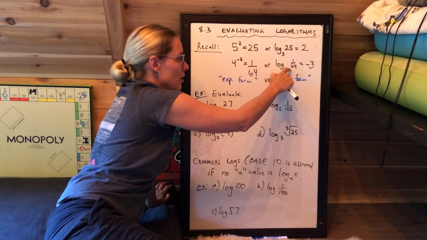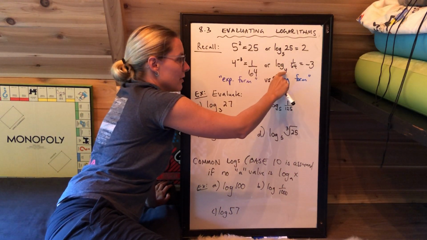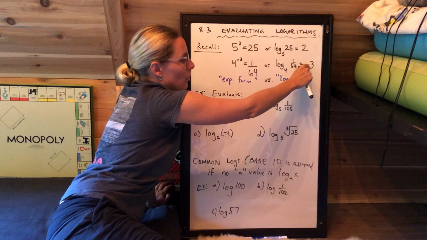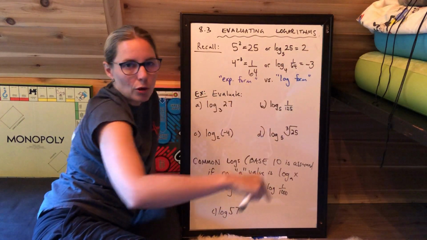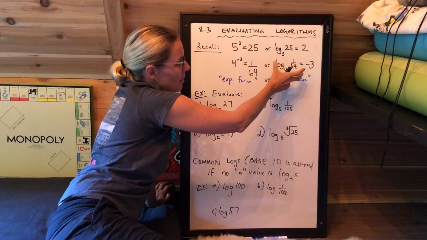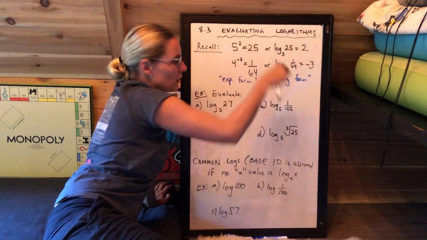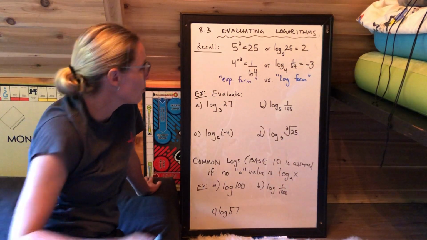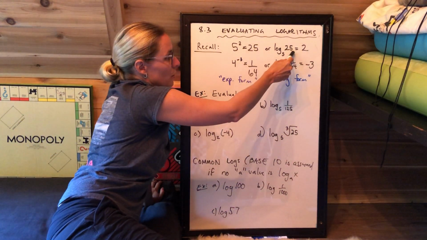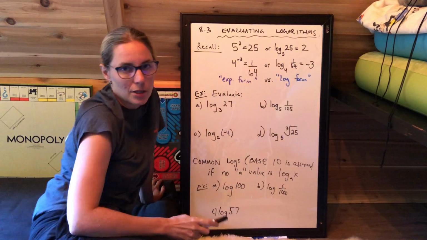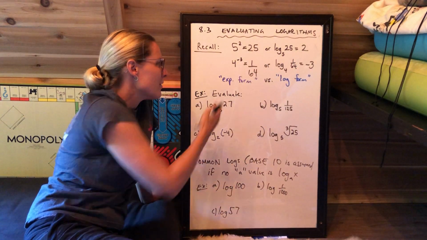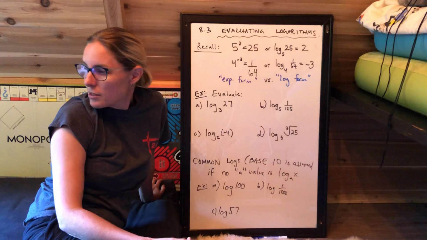So the way of thinking you should have here is 4 to the power of negative 3 is 1 over 64. And so because these are always set up as equations, you could write them either way. They're both correct statements, whether it's in logarithmic form or whether it's in exponential form. And obviously you're more used to exponential form, but it doesn't make this less right.